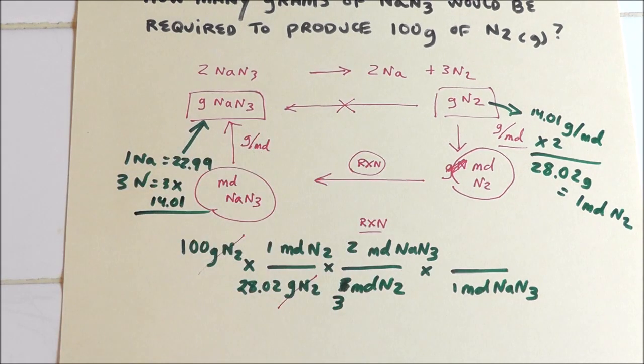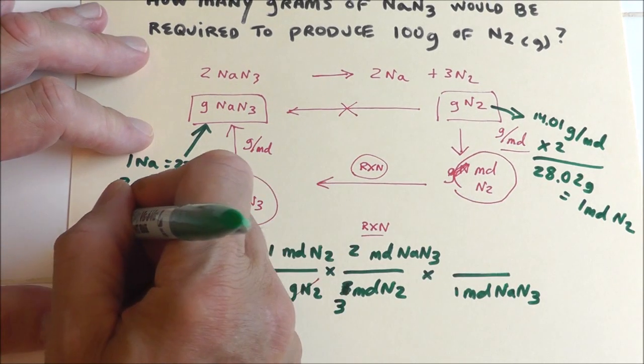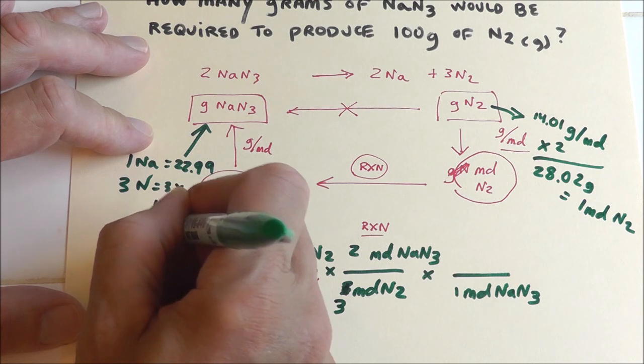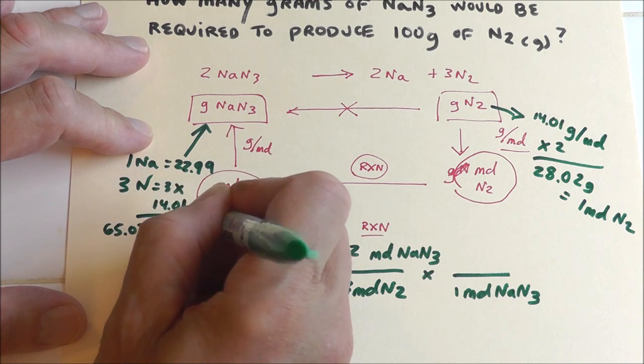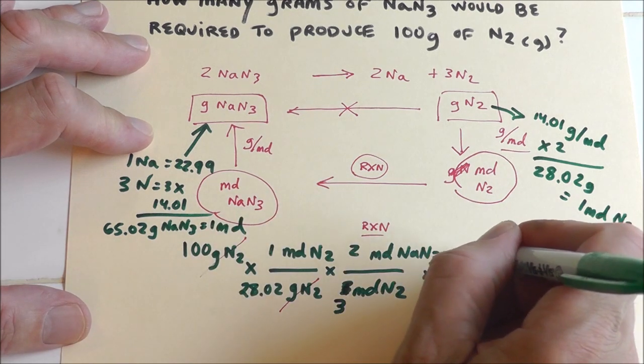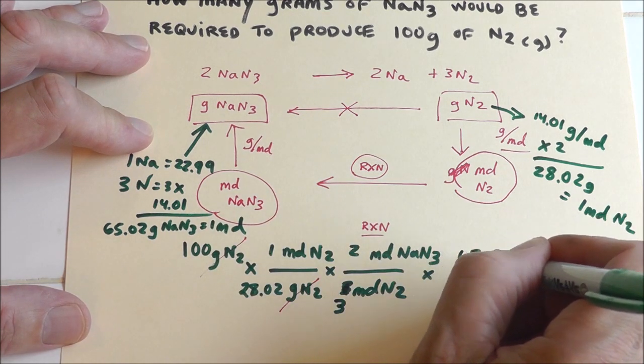All this in grams per mole. And so 14.01 times 3 plus 22.99 is 65.02. So that's how many grams NaN3 equals 1 mole. So that's going to go right there, 65.02 grams.